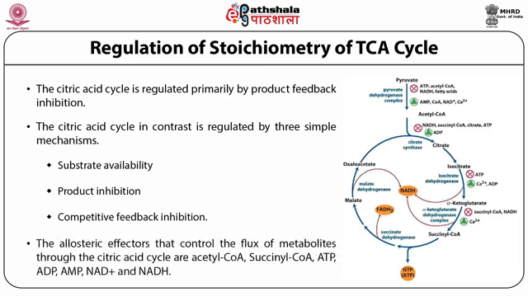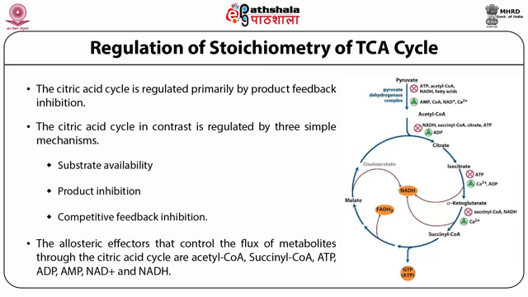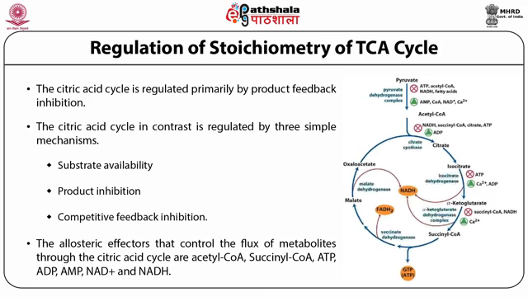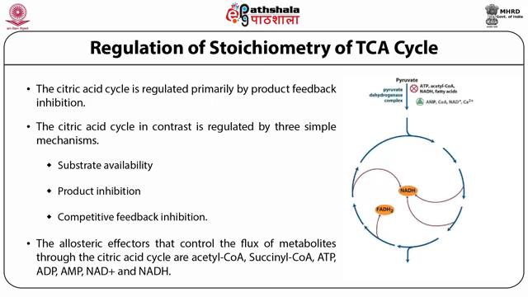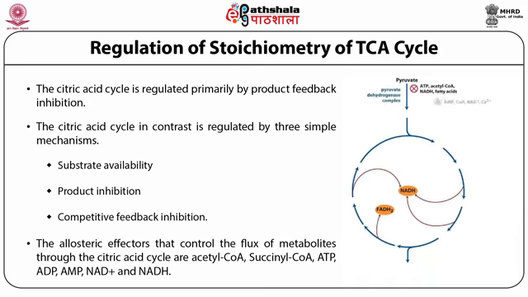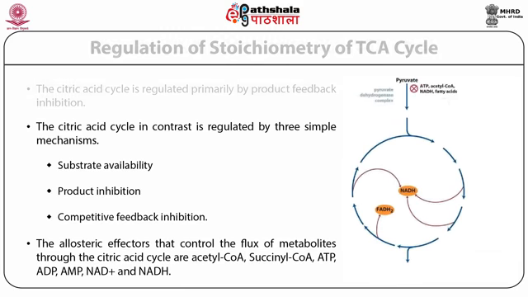The allosteric effectors that control the flux of metabolites through the TCA cycle are acetyl coenzyme A, succinyl coenzyme A, ATP, ADP, AMP, NADH, and the NADH to NAD plus ratio. The figure shows the key points where reactions are regulated.